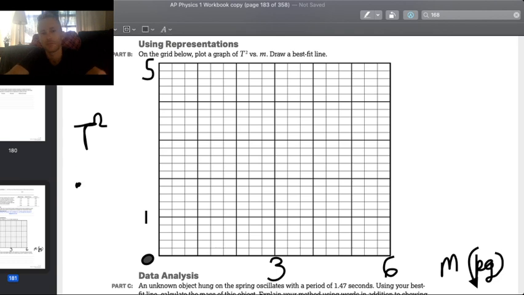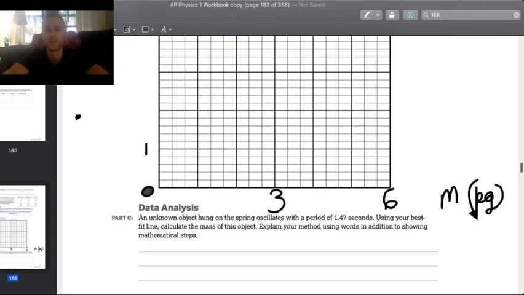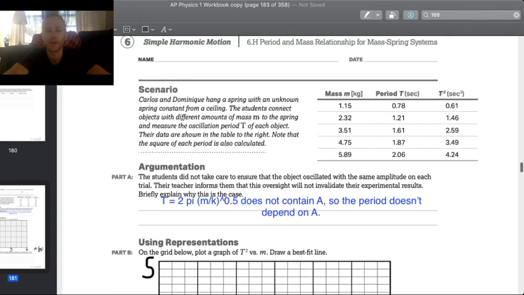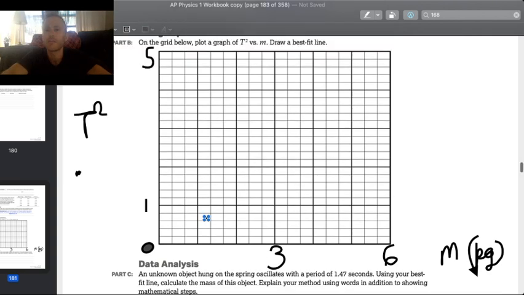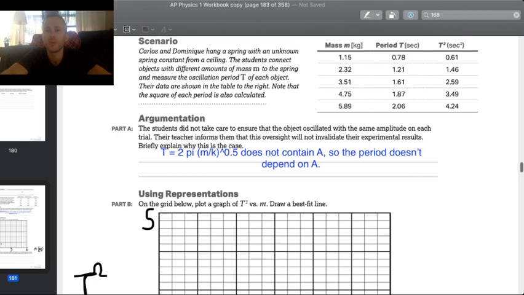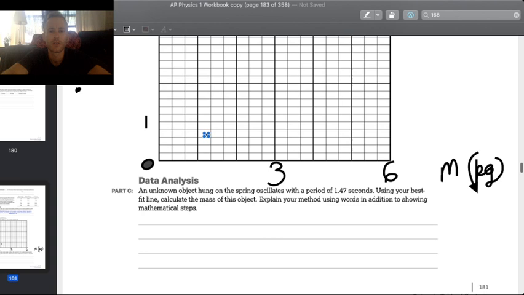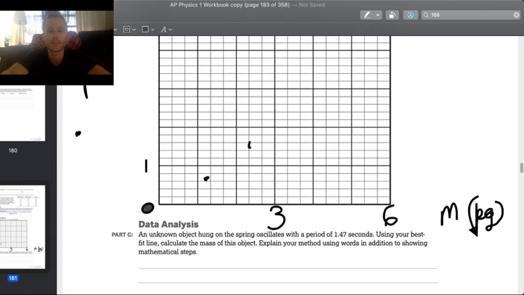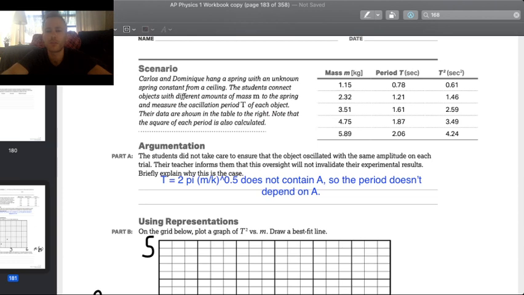So my first mass is 1.15 and 0.61. So that is roughly right there. The next one is 2.32 at 1.46. There. The next one is 3.5, 2.6.